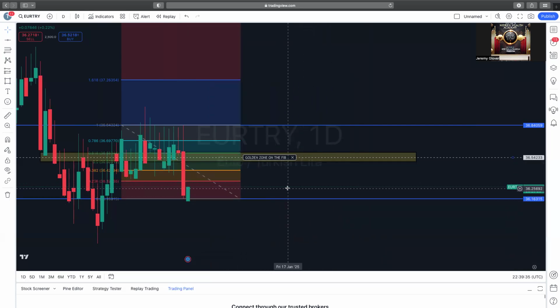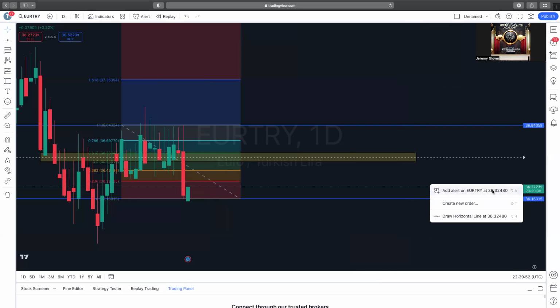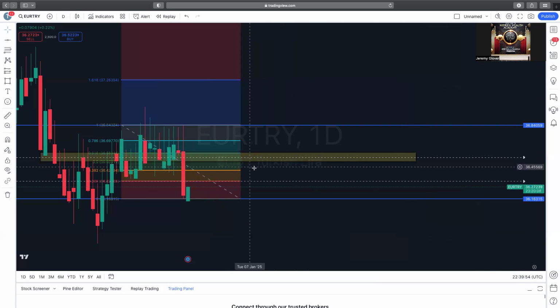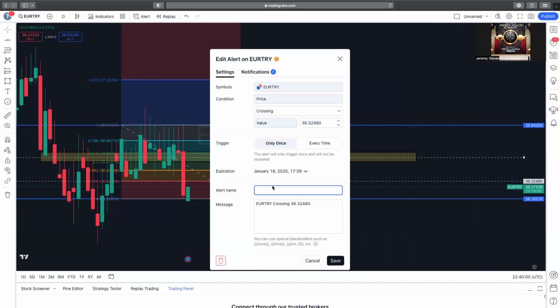Then I also like to put an alert on the 0.23. And I tell all my students, just because the alert goes off doesn't mean to enter the trade. You want to make sure what it's doing around that zone. All right, so that one is set, but we're going to put some edits in here.